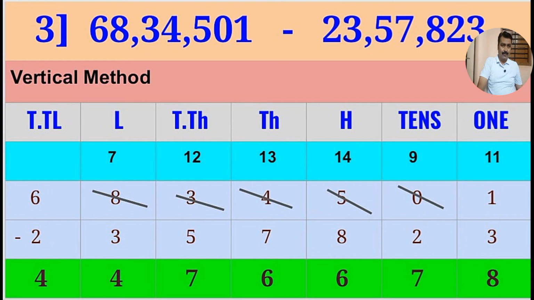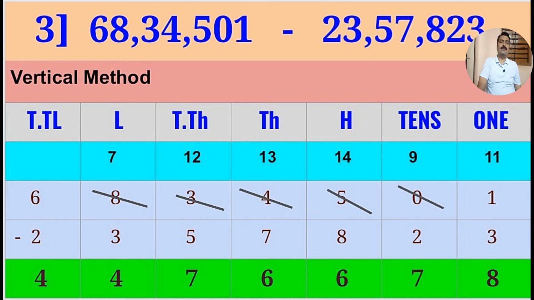After that we want to arrange the second number. So the second number, 23,57,823. This second number we also arrange in the opposite way, starting from 3. So 3 we arrange below 1 in the ones column. Next, 2 below 0 in the tens column. 8 below 5 in the hundreds column. 7 below 4 in the thousands column. 5 below it in the 10,000s column.